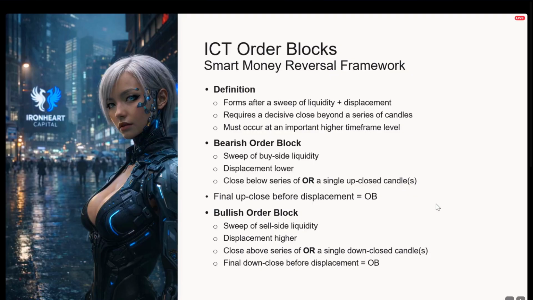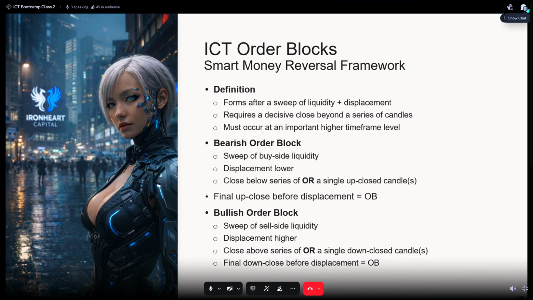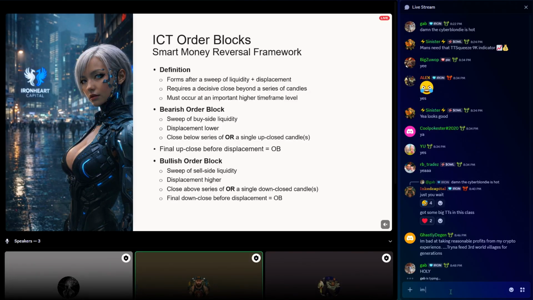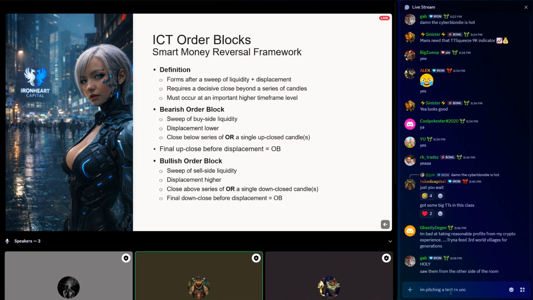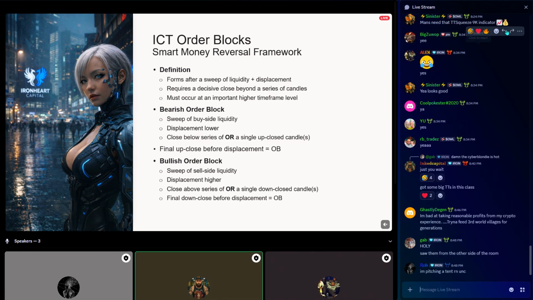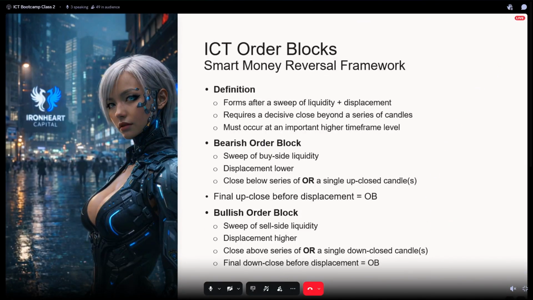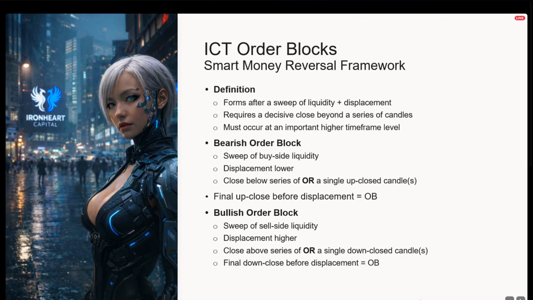What are order blocks? They are a single candle or a series of candles that forms after a sweep of liquidity and ideally with displacement, right? The order block is from the opening price of the single candle or the series of candles that moves into a key area of liquidity. Those candles become your order block.